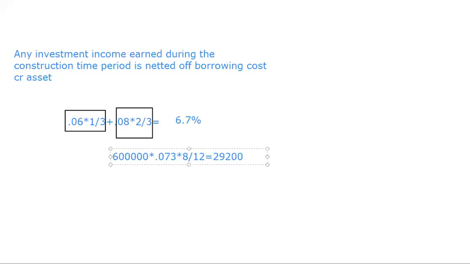So how many months will be capitalized? 7.5 million into 10%, into 0.1, into how many months? 1st February to 30th November, 10 months.